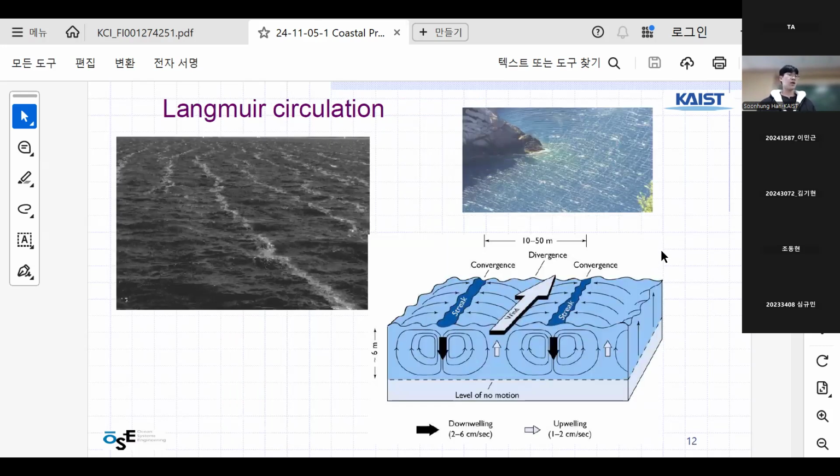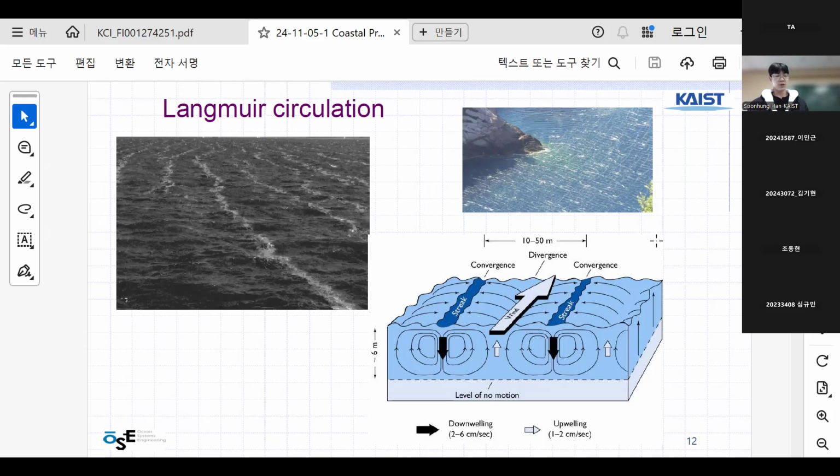And this is Langmuir circulation. When you observe the ocean, you can see white stripes like this. This is from Langmuir circulation. It is caused by steady winds.